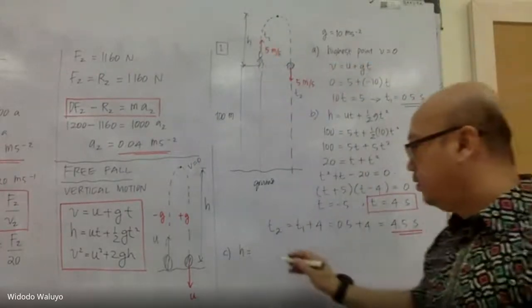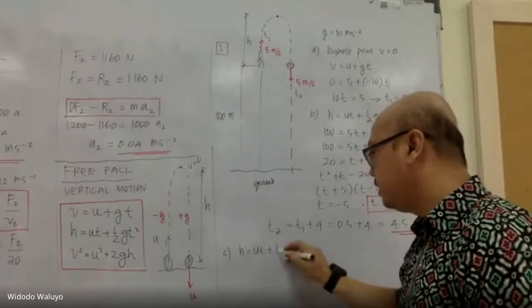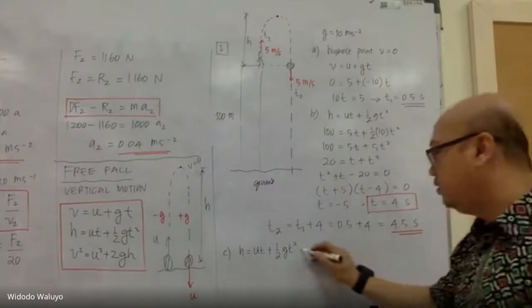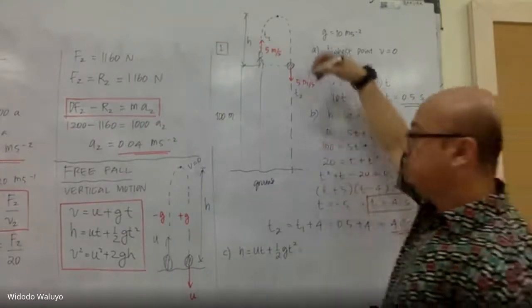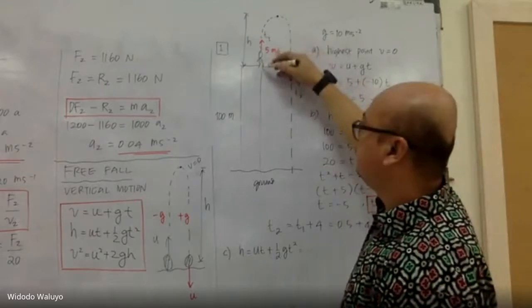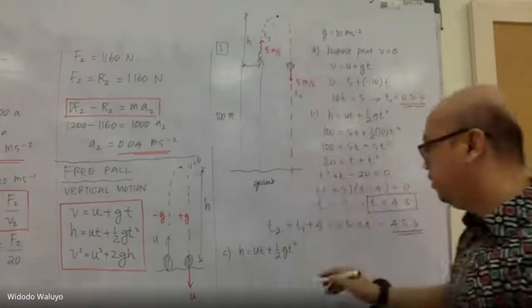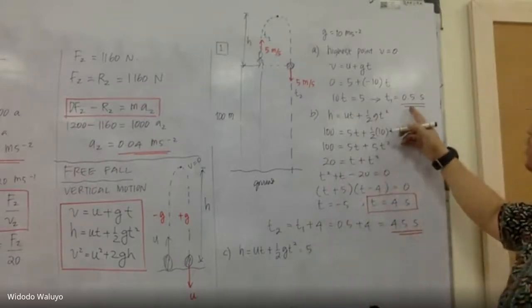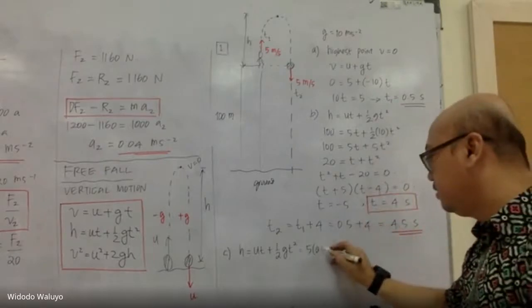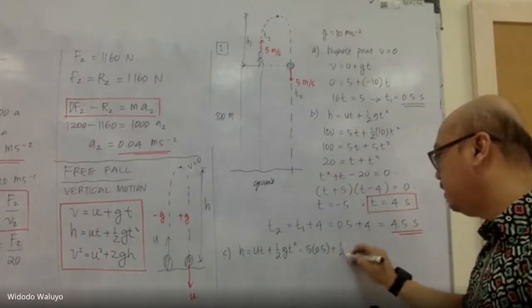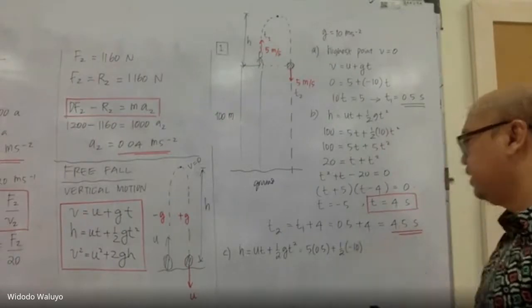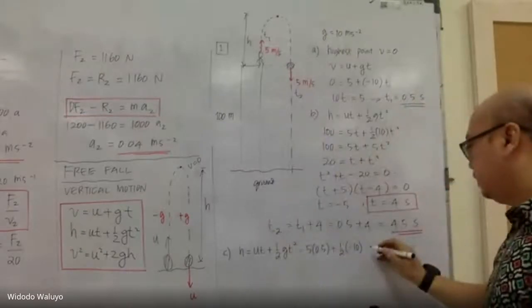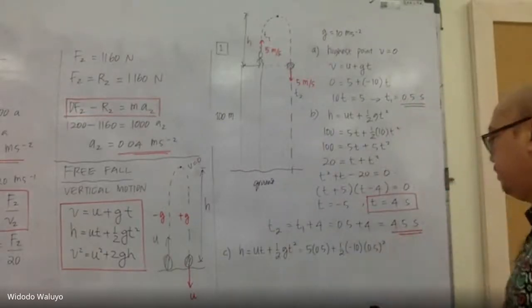We use the formula ut plus a half gt squared, from the main point here until the highest point. Here u is 5, t is t1, 0.5, plus a half of g, which is minus 10, because it goes up, and then t is 0.5 squared.